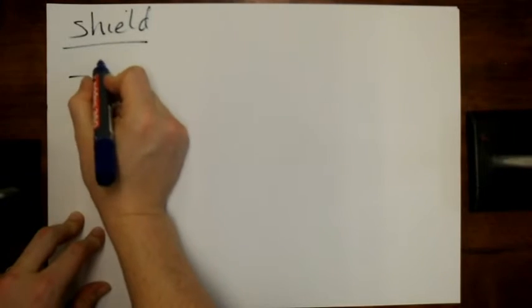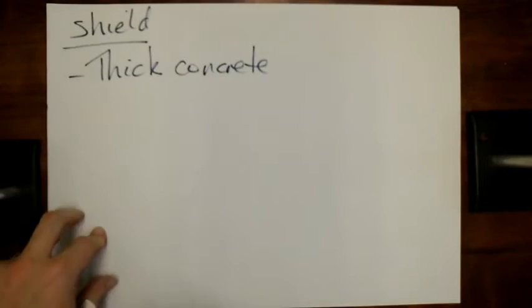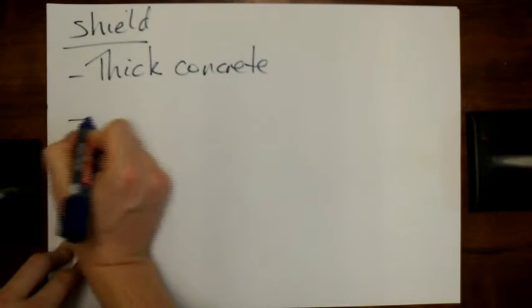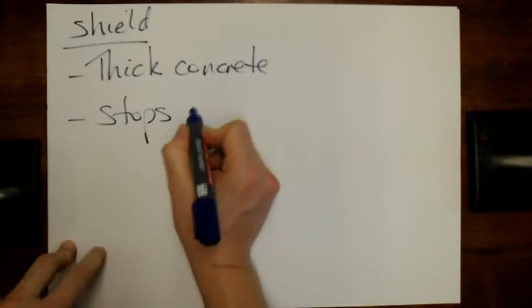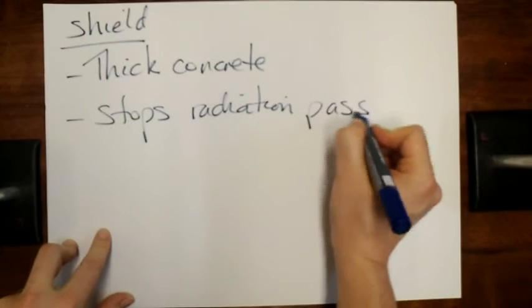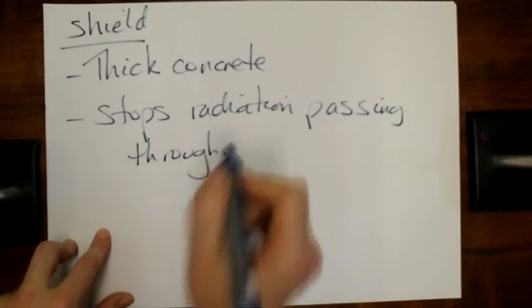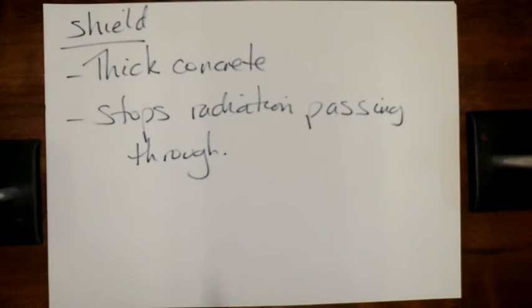This is made of very thick concrete, and that stops the radiation from passing through. If it was to pass through, then people outside of the reactor vessel could get affected by it. And that's a nuclear reactor.